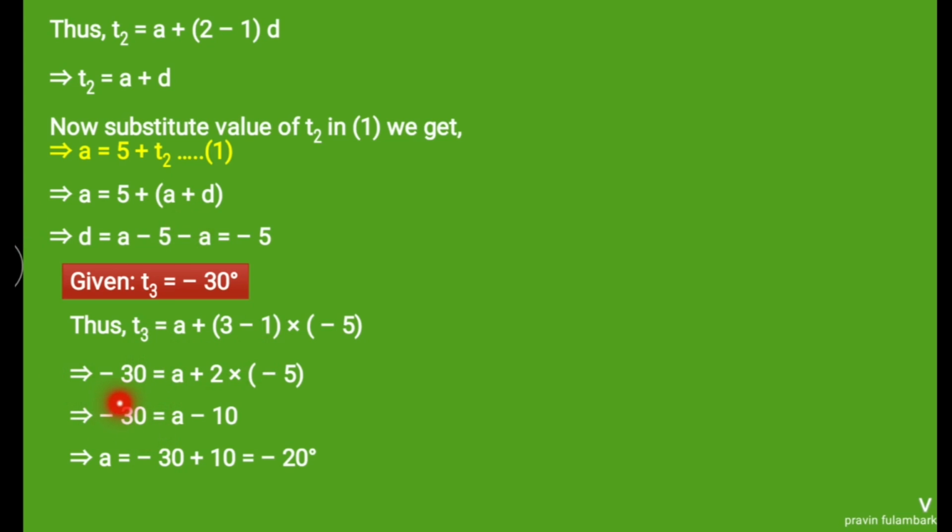So minus 30 equals a plus 2 into minus 5, which is minus 10. When we transfer this minus 10 to the left hand side we get plus 10. So a equals minus 30 plus 10, which is minus 20. a is the first term, so the temperature of the first day, Monday, is minus 20 degrees Celsius.